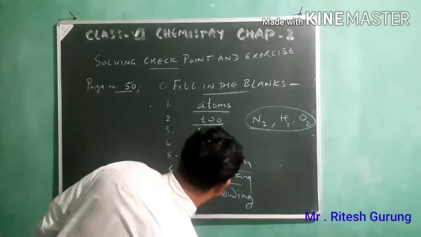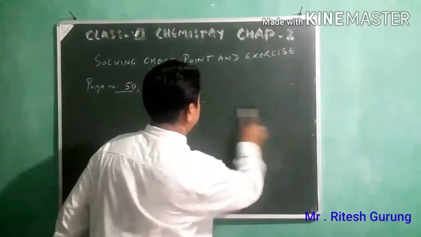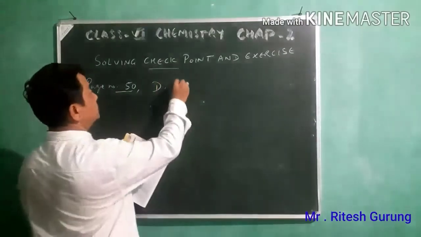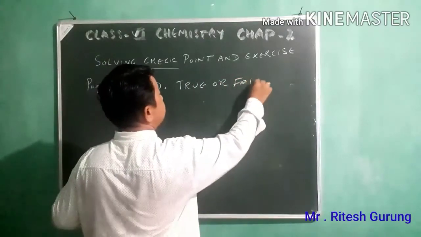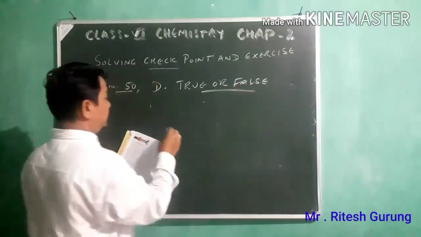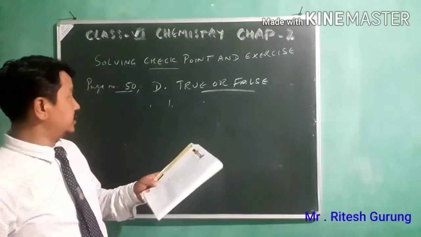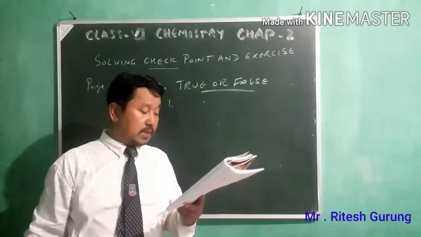Now go to the next, your D, true or false. Let us talk about true or false, question number D. Check your answers in your book again.